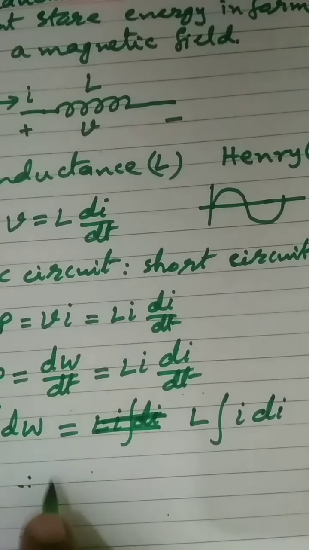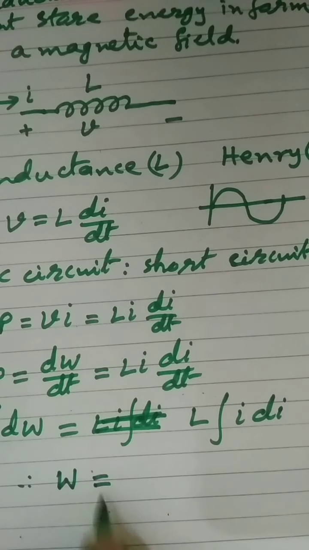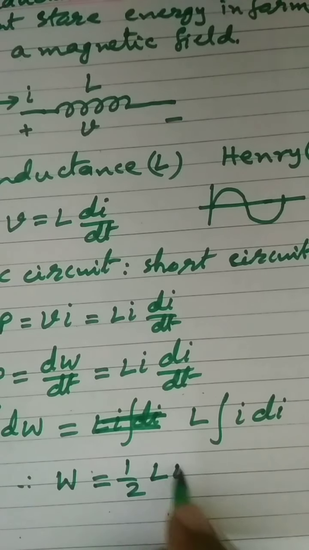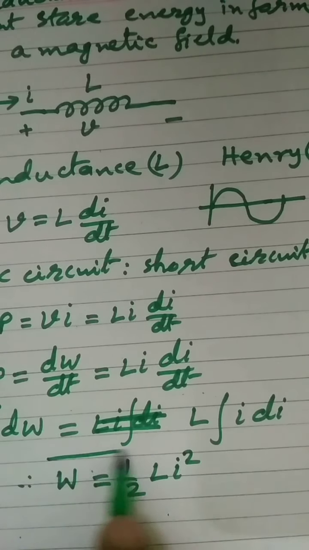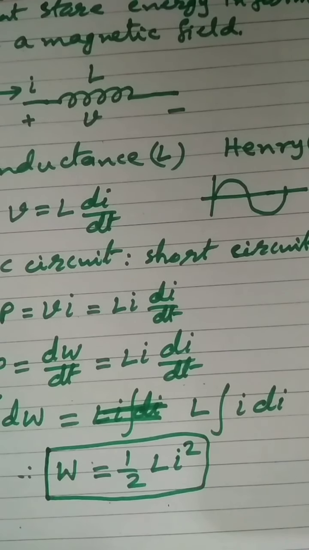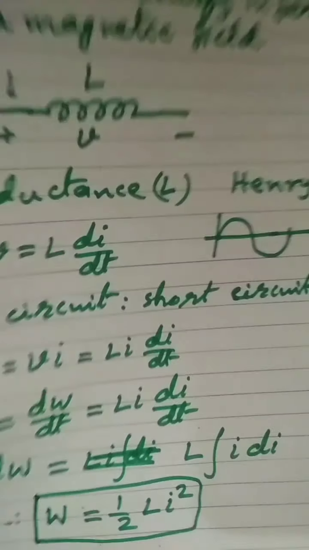So finally we'll get omega equal to 1 by 2 L I square. So that is the formula of the energy which is stored in an inductor due to the changing current.